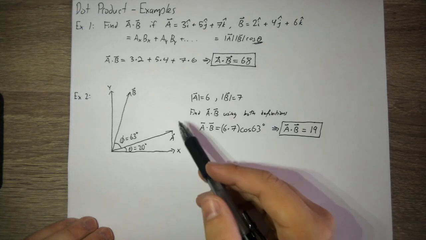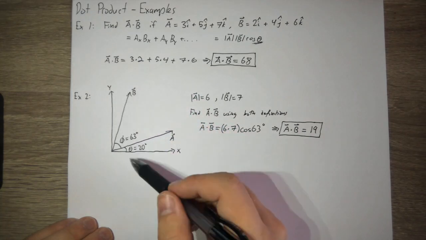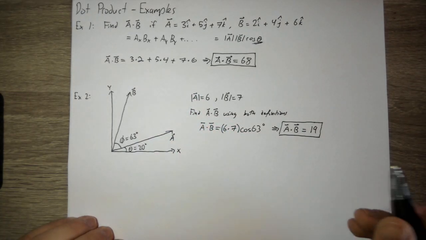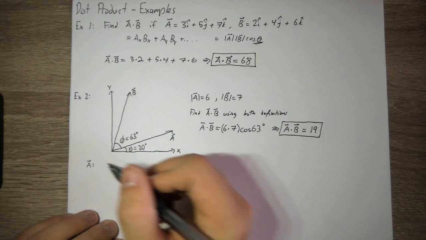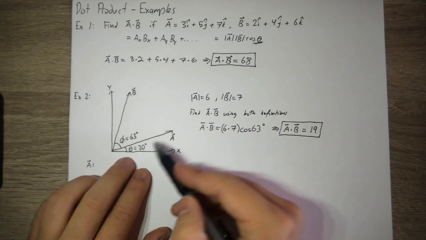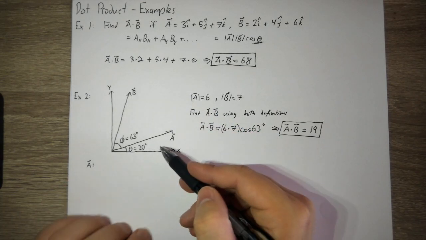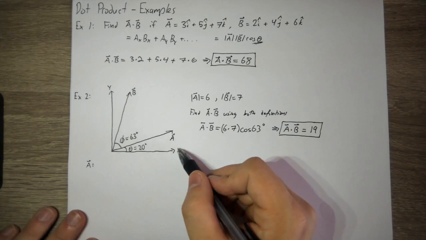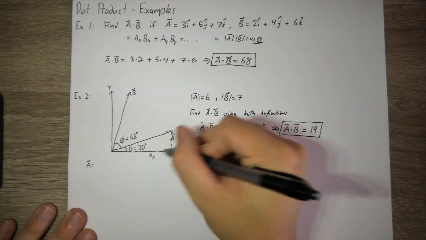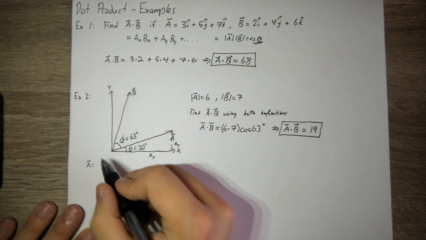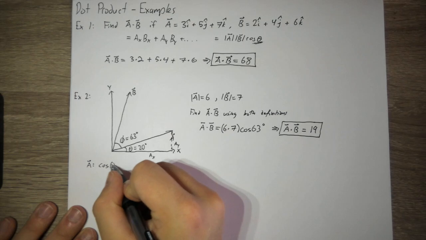To do that, we have to find the components of both of our vectors. So let's start with A. We know the magnitude, we know the angle, so we can use our cosine and sine functions to solve for the x and y components of A. Let's start with x.